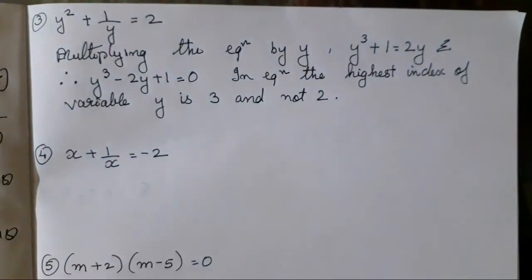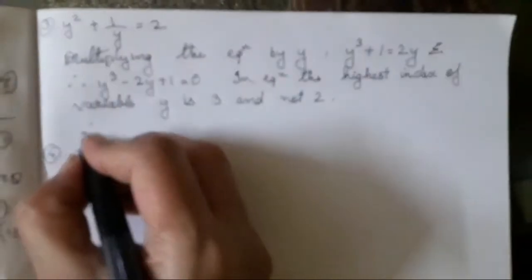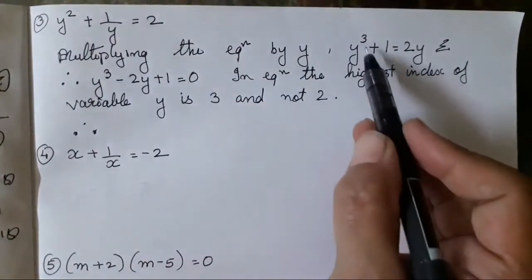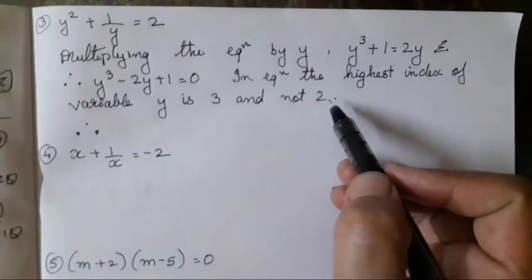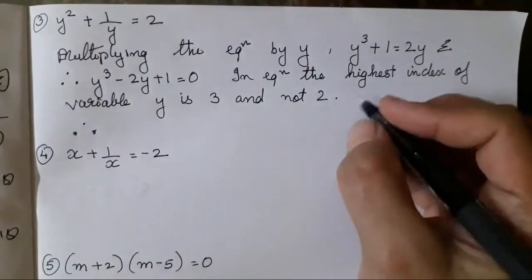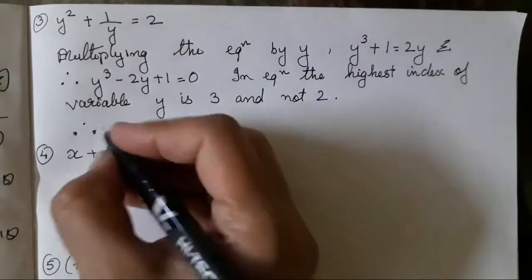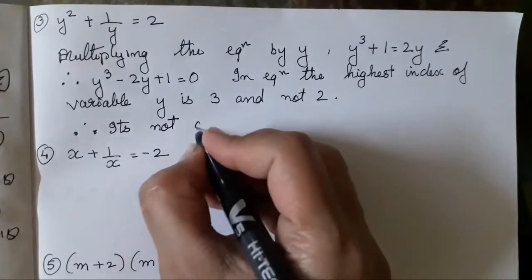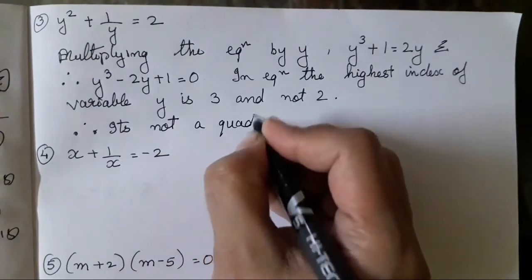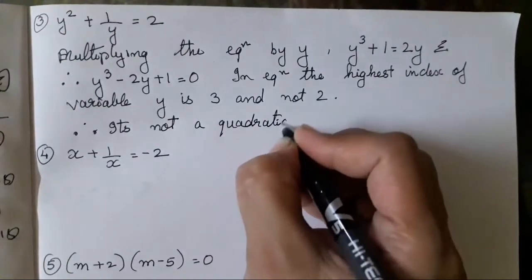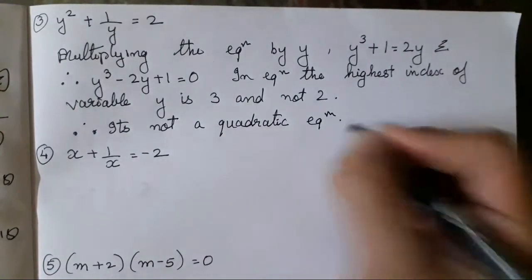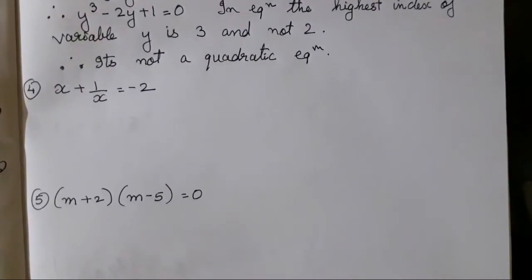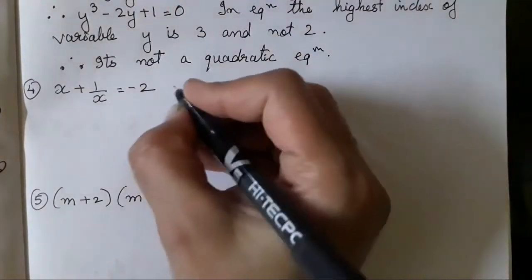Okay, so according to the rules that I have explained, the value of the index is 3 instead of 2. So we can say that it is not a quadratic equation. Fourth sum is in this form.